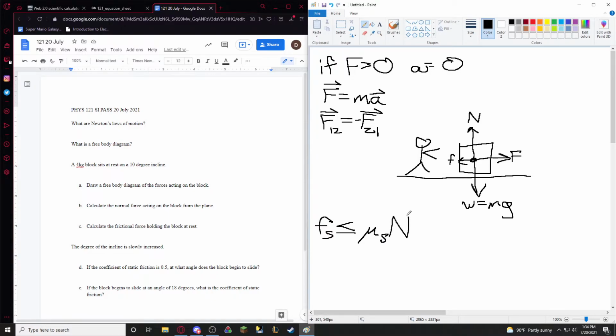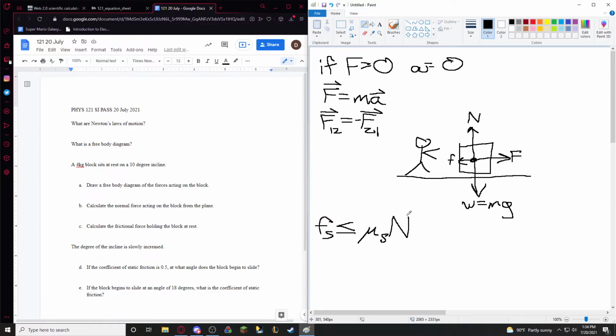So essentially, our static force is always going to be equal to our applied force up until its maximum possible value, which is the 0.5 times the normal force. And then the box would actually begin to start moving, and then we have to worry about kinetic friction, right?